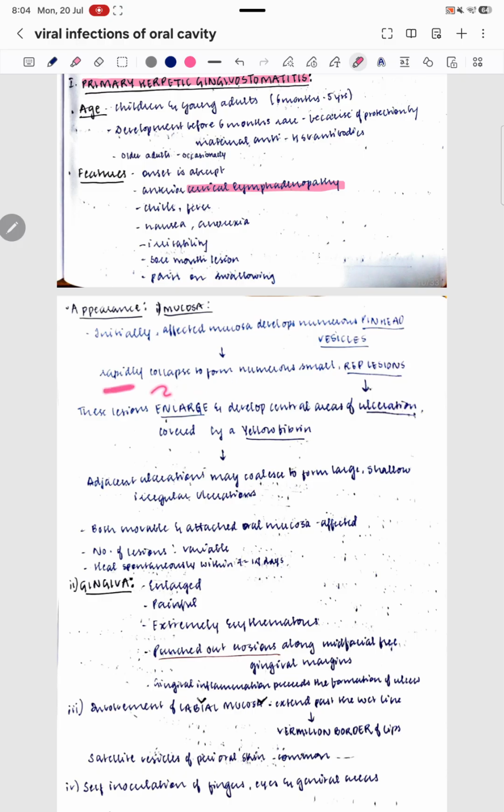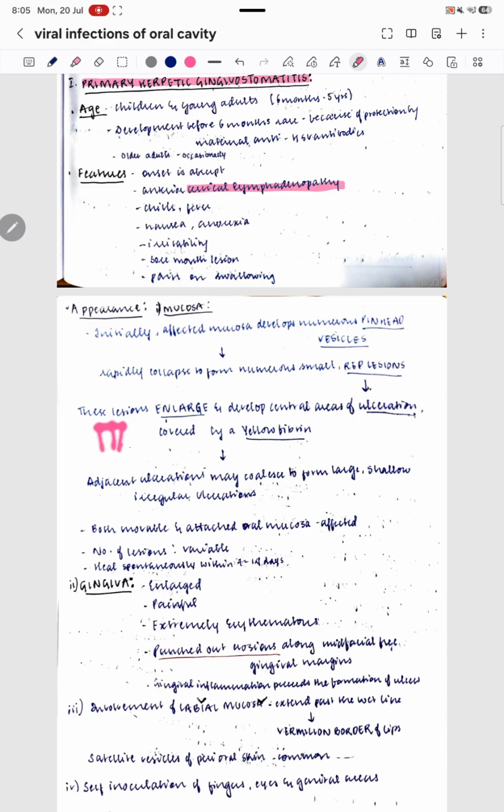These pinhead vesicles rapidly collapse to form numerous small lesions. Okay, these lesions enlarge and develop central areas of ulceration covered by a yellow fibrin. So first is your pinhead vesicles. These vesicles then collapse to form numerous lesions.